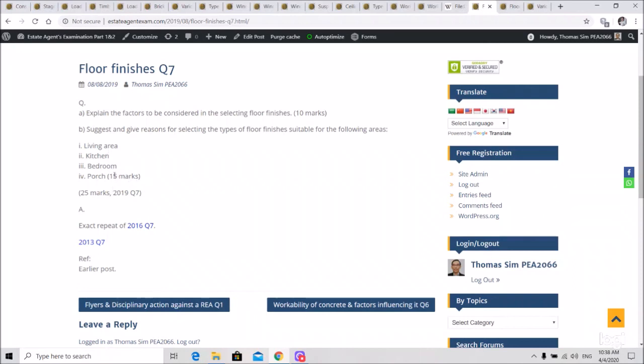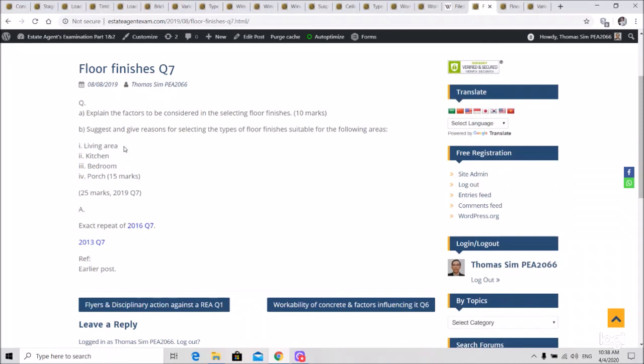So if you say, okay, I can't write very much for the car porch, it is very simple, either cement or tile. You don't want to use carpet as car porch floor finish, right? So of course your marks for the car porch will probably be easy to get, almost full marks. Whereas for the living area, there are a lot of different types of floor finishes that you can use.